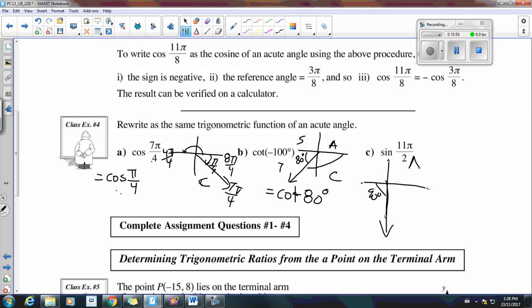But you'll notice that in this whole bottom section, sine is negative. So whether you think of it in this quadrant or this quadrant, sine would be negative. So therefore, the sine of 11 pi over 2 is equal to the negative sine of the reference angle, which is pi over 2, or 90 degrees.